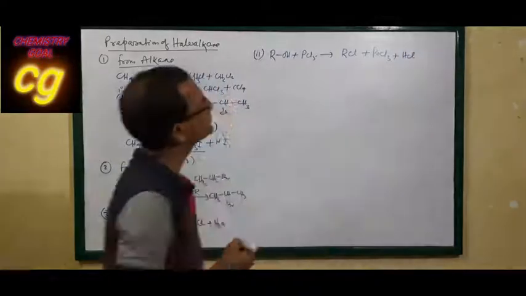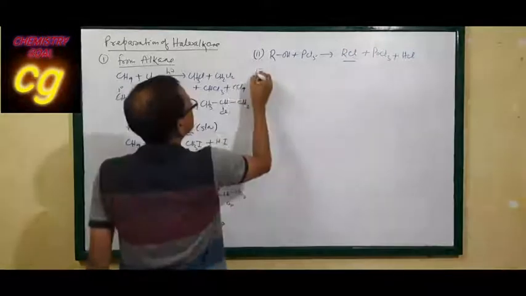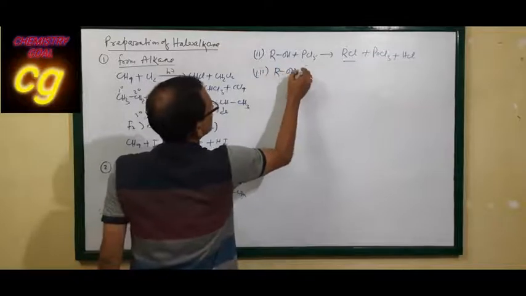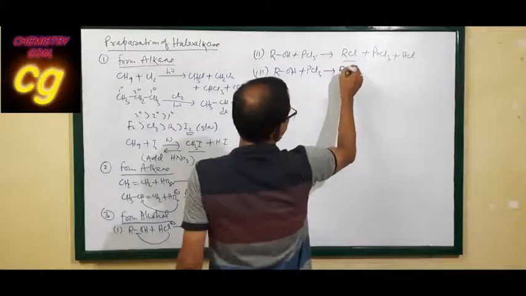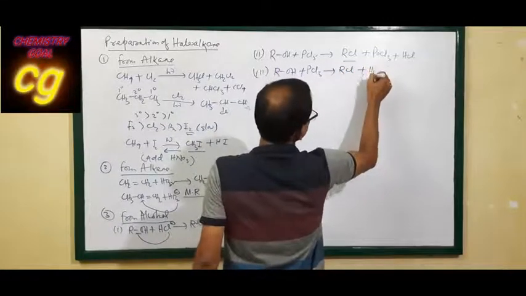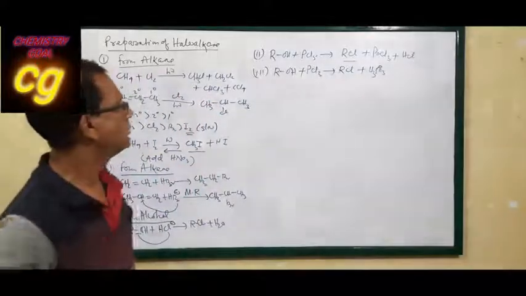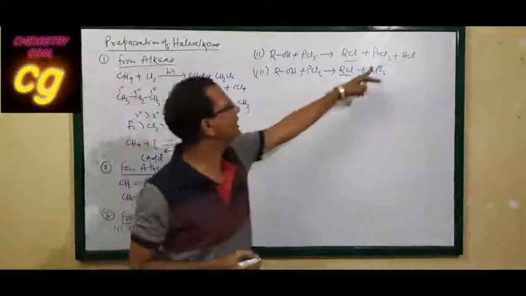This is also a way to produce haloalkane with PCl5. Similarly, alcohol reacts with PCl3. The product is the same RCl plus H3PO3. So you have to see the nature of the product. The main product is haloalkane, but the side products are different.